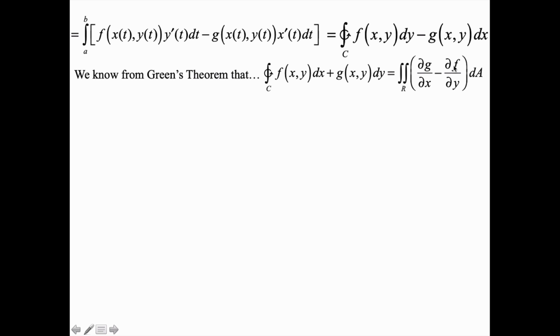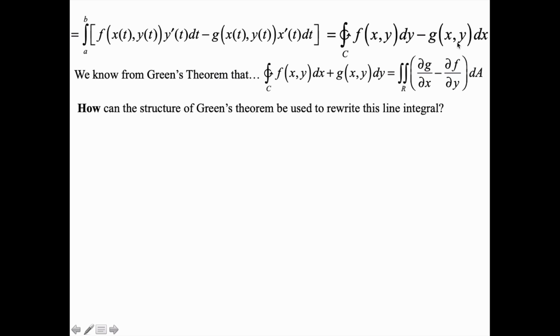First one with respect to x, second with respect to y. Almost looking like this. So the question is, can I make this line integral obey the structure of adding instead of subtracting? And the answer is, of course you can. You just put the negative g of x, y in the front.